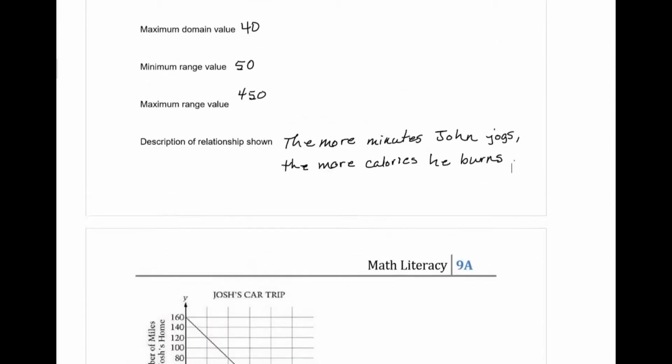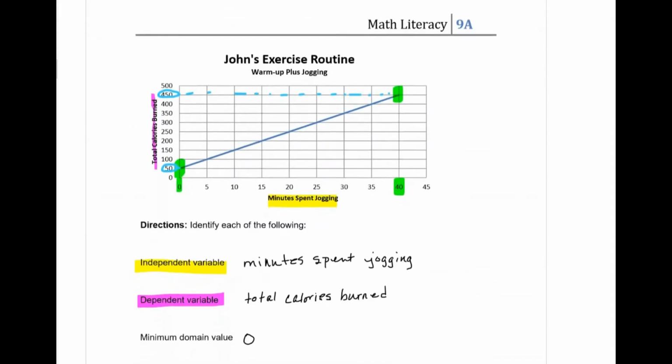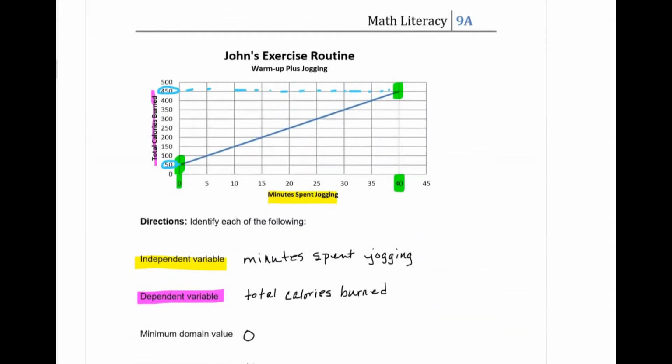Okay, I want to go back up and look at the graph once more. And let me clear some of this stuff off here. And what I want you to think about now is, why does my graph start at 50? I mean, it makes sense that if he spent 0 minutes jogging, that he would spend 0 calories burned.